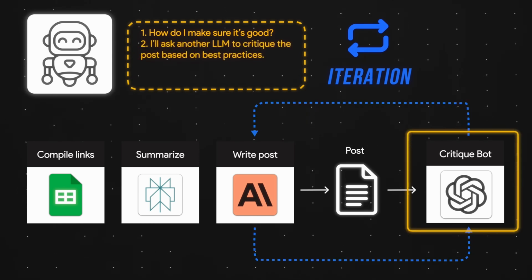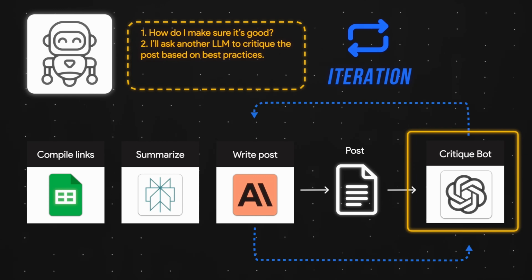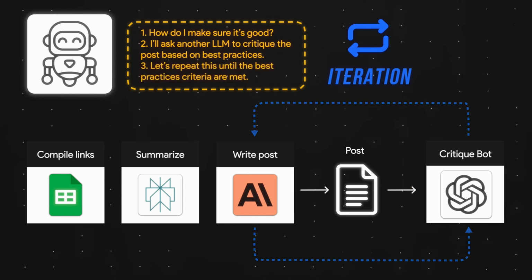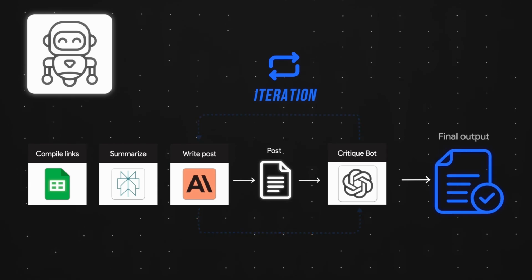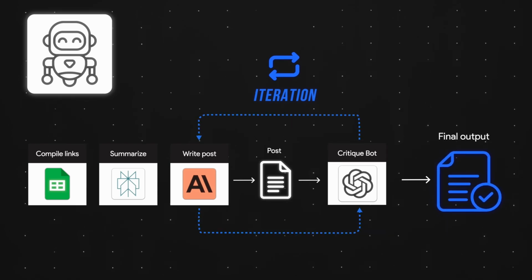So I will create another LLM to critique based on the best practices, or for example something that I want, and then it will do iteration and provide some feedback, and based on that it will generate new posts, and then finally I will get the final output. So the most important thing about the AI agent is the fact that you need to give the capability of making decisions to the LLM.